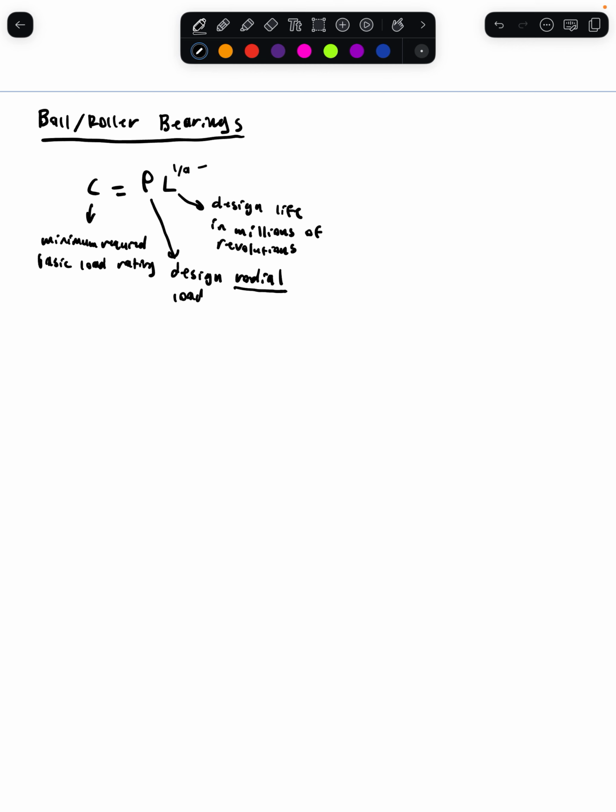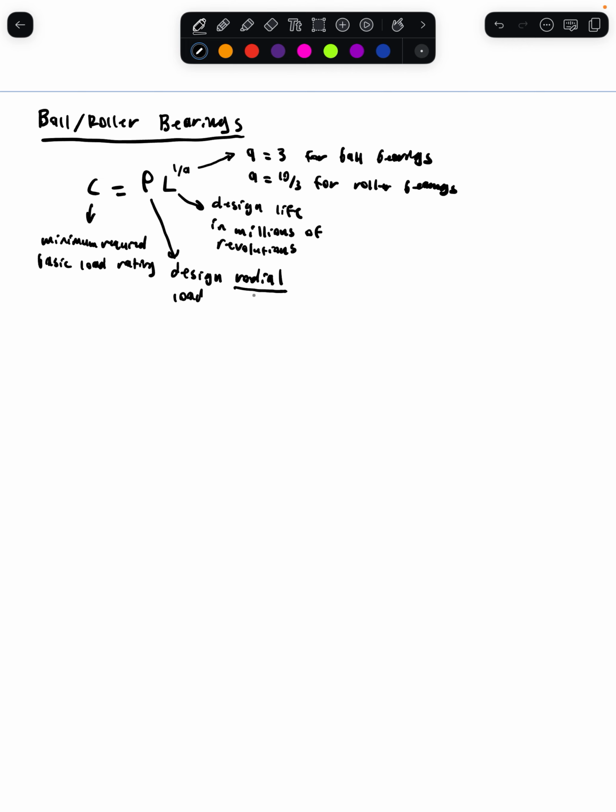And then the A here for ball bearings is going to be 3. And it's going to be 10 over 3 for roller bearings. Another thing this equation is called is the bearing life regression equation.